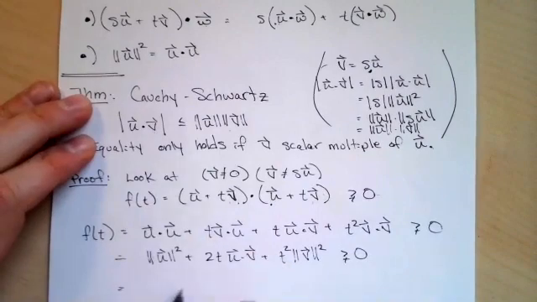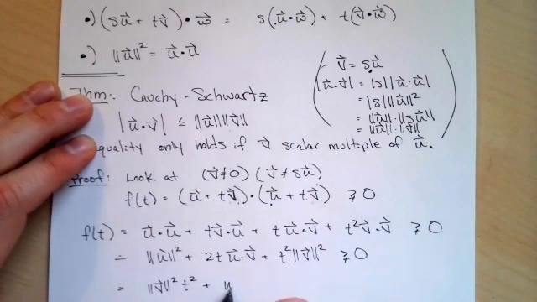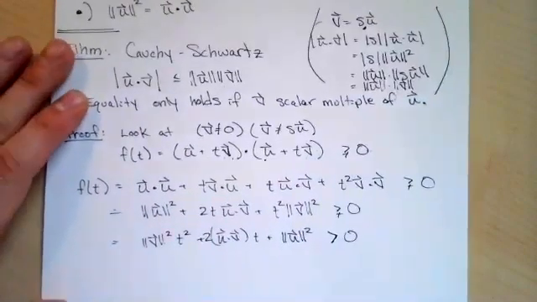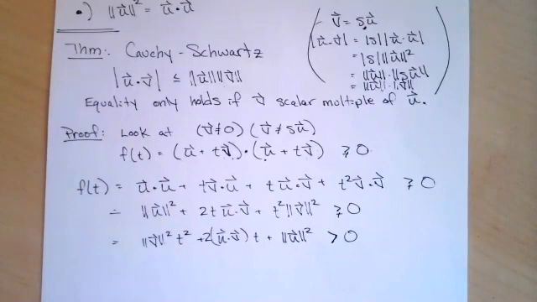And so if you look at what we have, we have a quadratic function that is strictly bigger than 0.